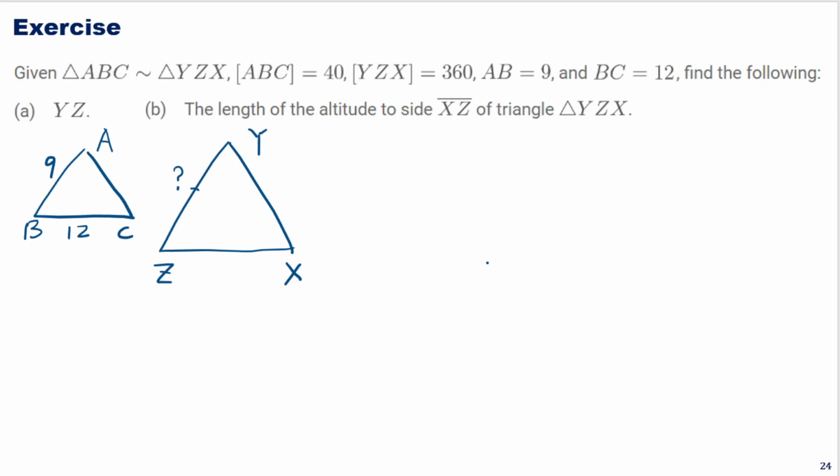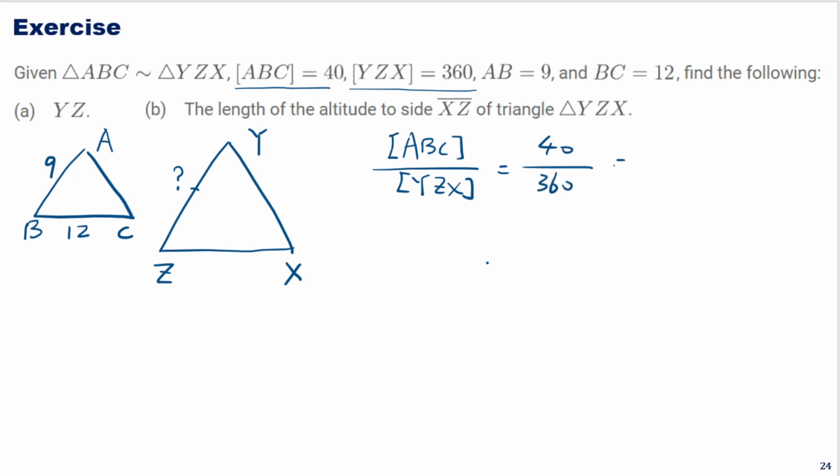Okay, we know the area of the first triangle, area of the second triangle. Then we know the ratio between the two areas, right? So ABC over YZX is 40 over 360, which is 1 over 9. And also triangle ABC is similar to triangle YZX.